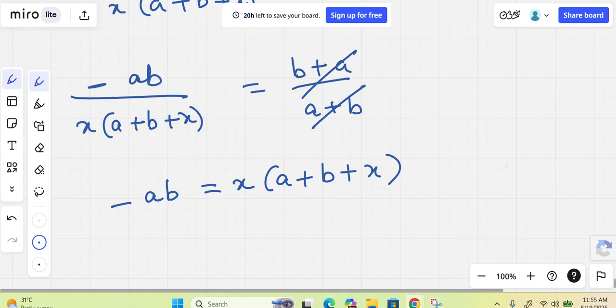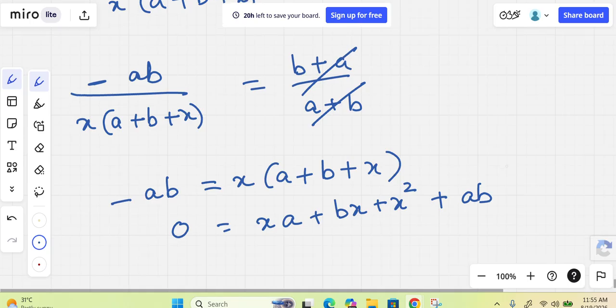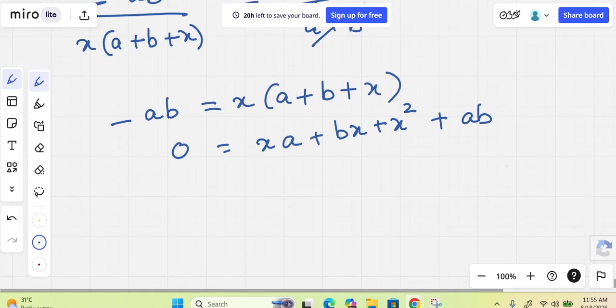Okay. Let's open the bracket now. xa plus bx plus x square. How about me bringing that here and keeping 0 here? Now what does it look like? There are 4 terms, isn't it? So if we place it properly, x square plus ax plus bx plus ab.